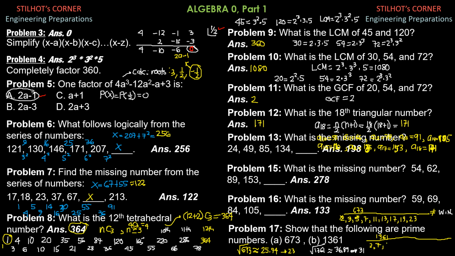So 7, 11, 13, 17, 19, 23, 29, up to 31. Notice that again this is not a whole number. So that's why 1361 is a prime number.